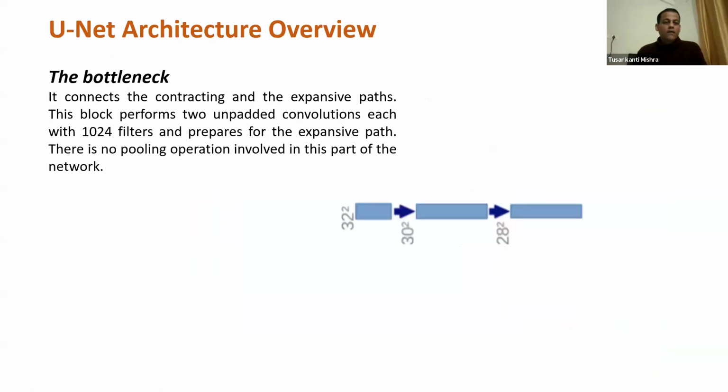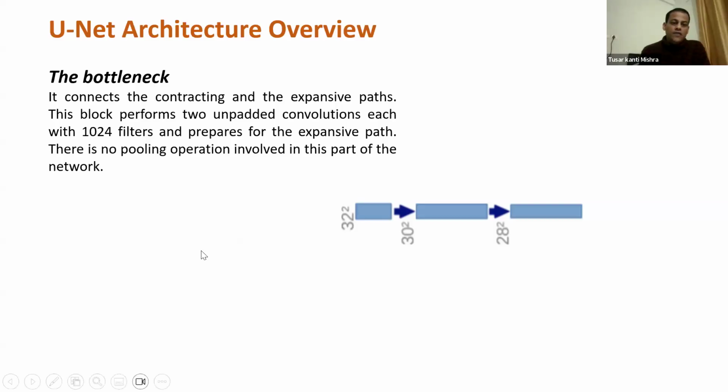There is the bottleneck. Its task is to connect the contracting and the expansive path, the encoder and decoder parts. It performs some unpadded convolution, so without losing or gaining any size, it does the convolution with double the size of the intermediate output image of size 512.